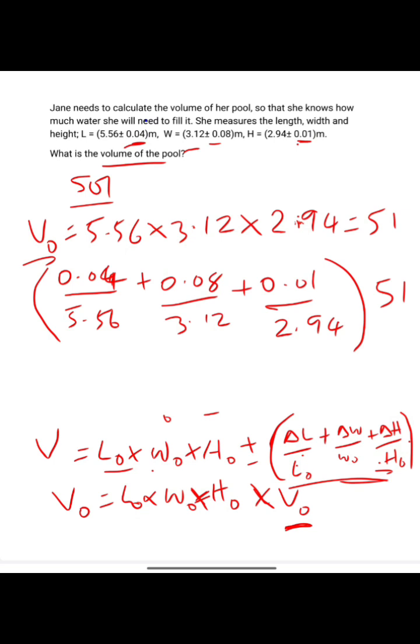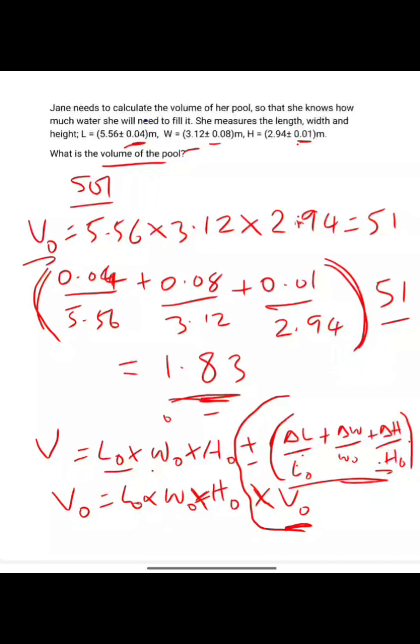If we solve everything in this bracket and multiply by 51, we get approximately 1.83. So the whole of this part is giving us 1.83.